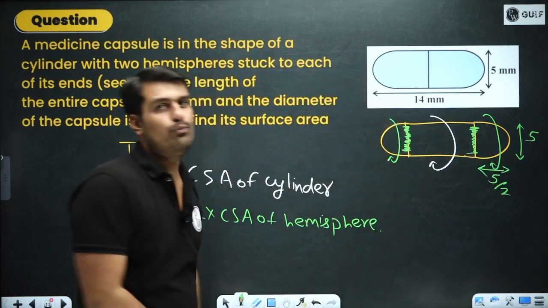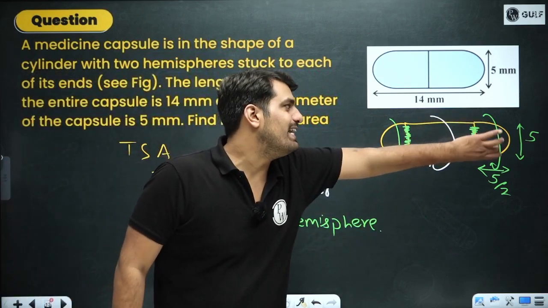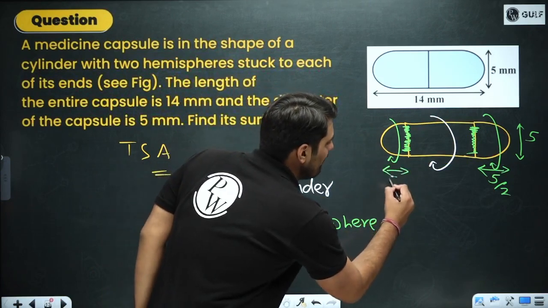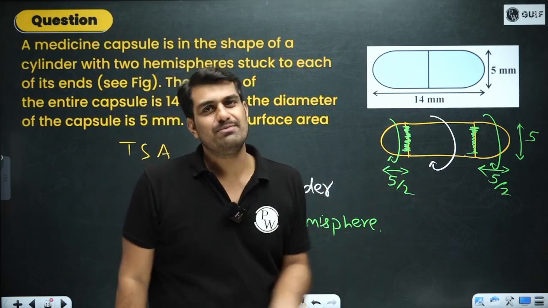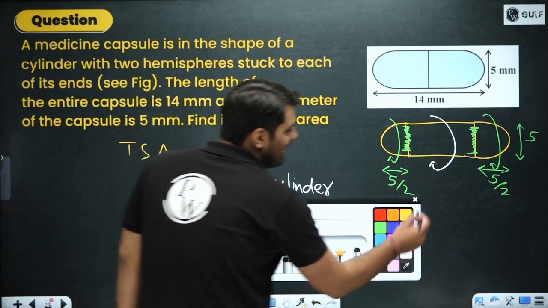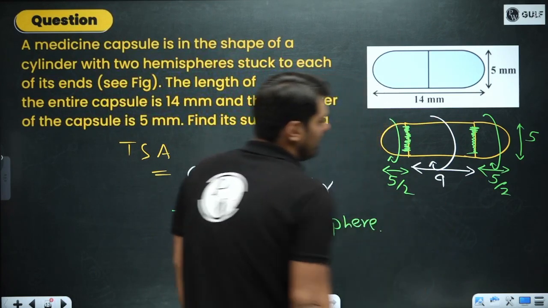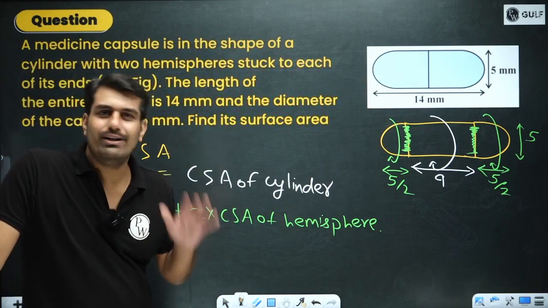This is interesting to catch, because the total diameter is 5, so the radius will be half of 5. The same will happen over here. This will also be 5 by 2. So if we subtract 5 by 2 and 5 by 2 from 14, that is basically the same as 5. So we come up with the height of the cylinder, which in this case is simply 9. Now I believe we have all the dimensions required to do the calculation.